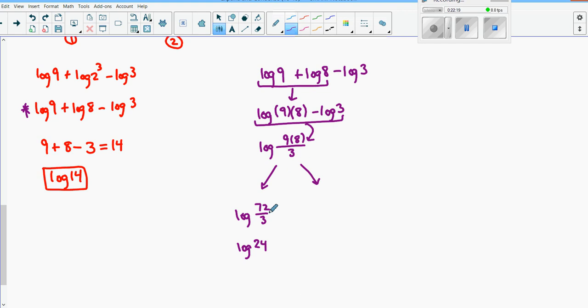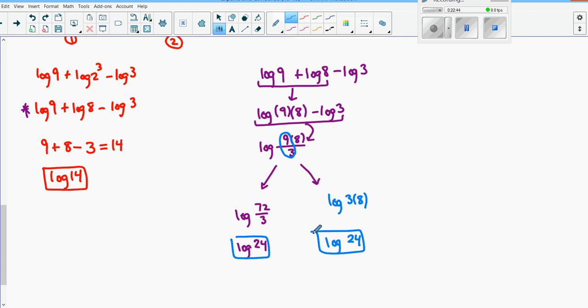Or, if I don't want to make as big of numbers, I can say this part right here is 9 divided by 3. Well, 9 divided by 3 is 3, so that is log of 3 times 8, which still gets me back to log of 24. This is your correct answer.